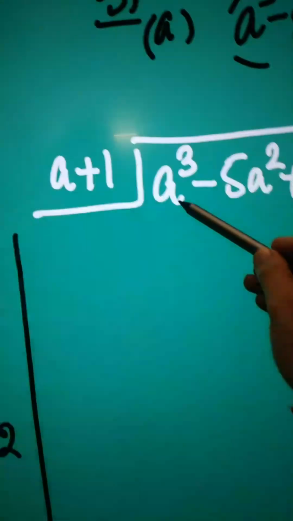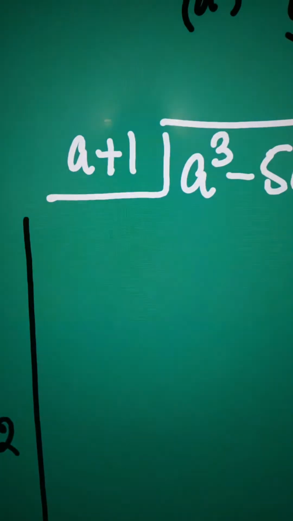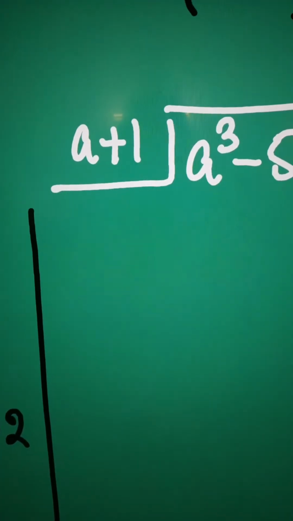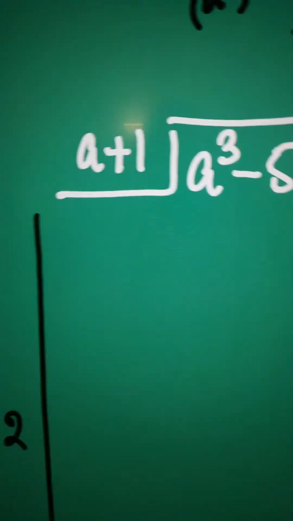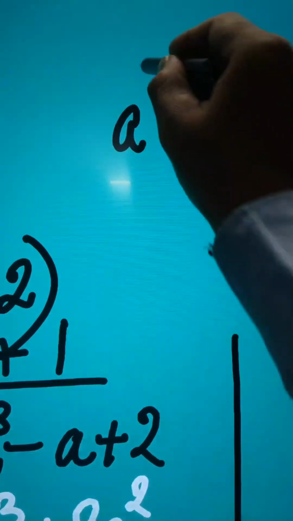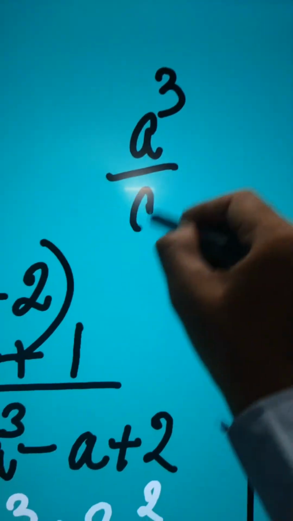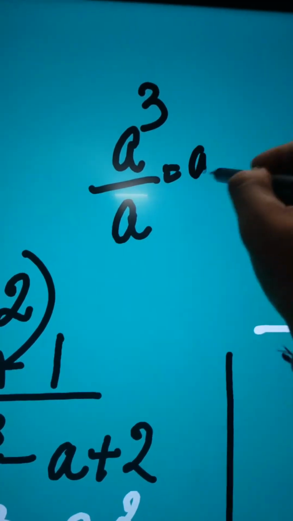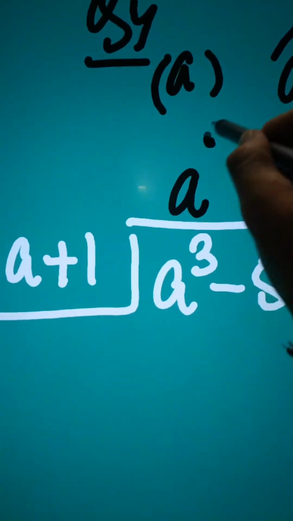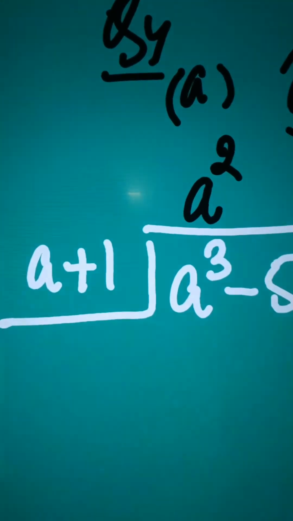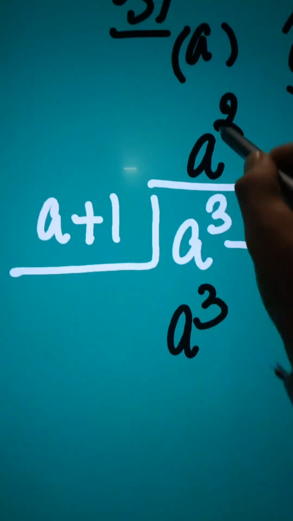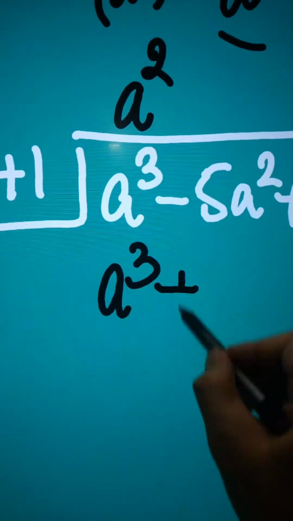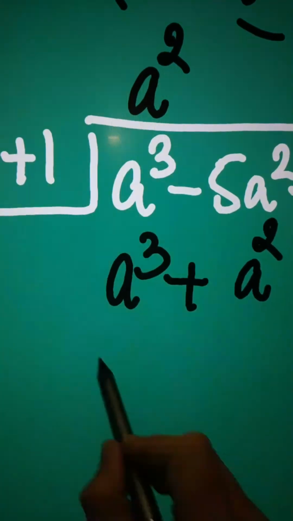So first divide a cube by a. What will you get? A cube divided by a, it will be a to the power 3 minus 1. Answer is a square. First number, as I said, is important. Now a square into a is a cube. A square into 1 is plus a square.